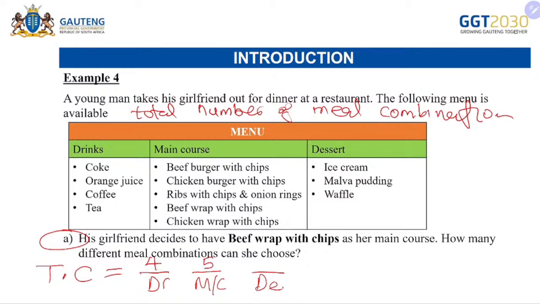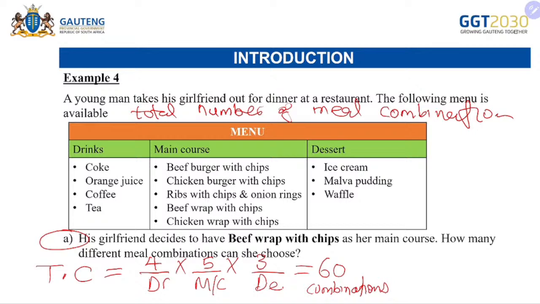And for dessert, we have 3 options. Now, in order for us to have all these combined, we're going to use the fundamental counting principle and multiply. So that would be 4 times 5 times 3. When we multiply, we get 60 combinations. That will give us a total of 60 meal combinations.